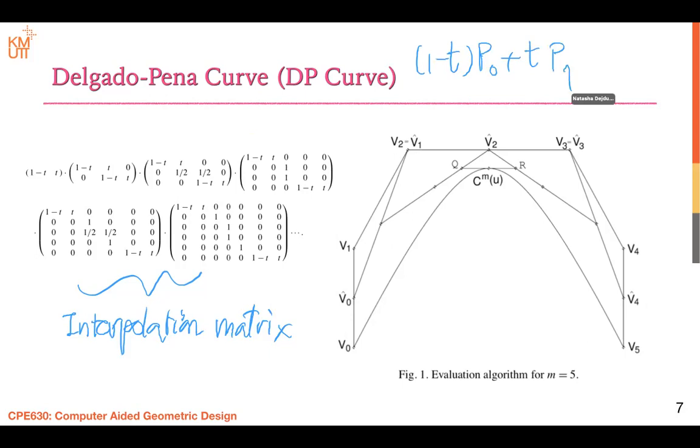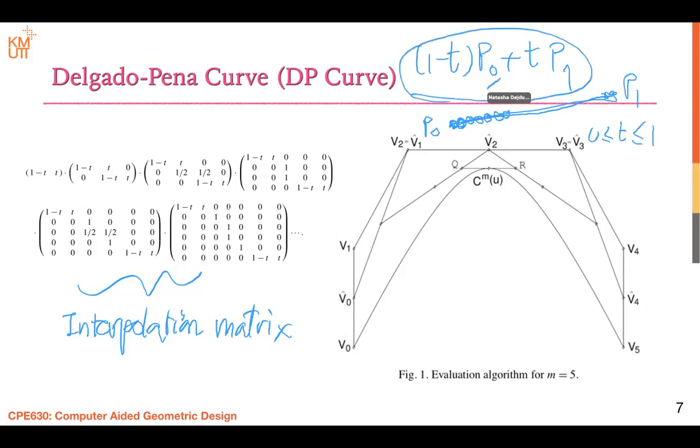equation, right? If we have 2 points, P0 and P1, right? If you want to get all points in between P0 and P1, right? According to t from 0 to 1, we can use this formula, (1 minus t) P0 plus t P1, right? This one can be proven by physics, or can be proven by linear algebra, right? When it is given P0 and P1, we can plot the points on this line, okay?